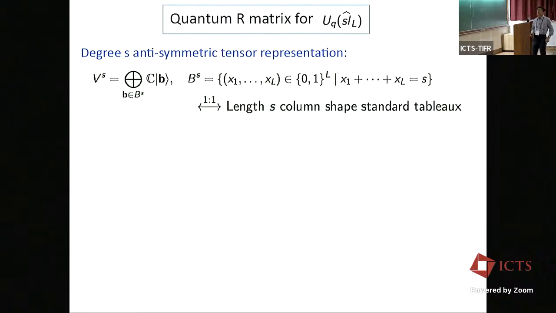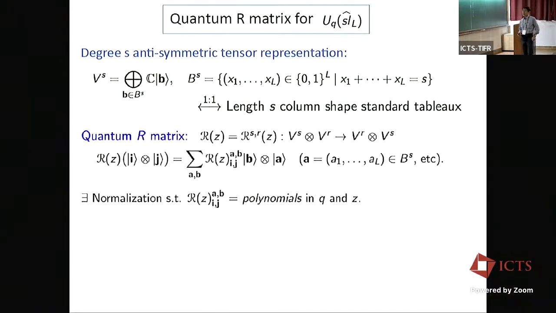This B_s is in one-to-one correspondence with the length s column-shaped standard tableaux in an obvious manner. And the quantum R matrix is a linear operator which intertwines, or exchanges, the order of the tensor product in this manner. Its action can be described in this manner.